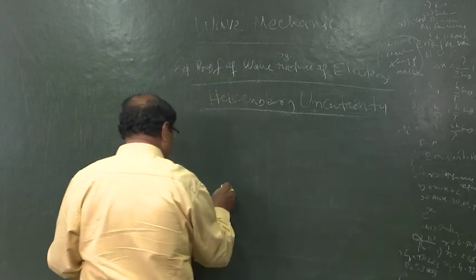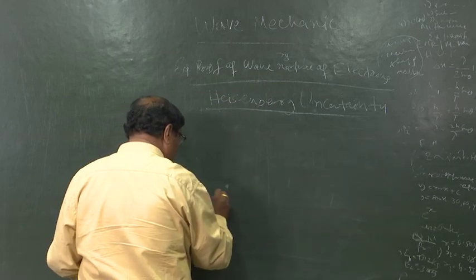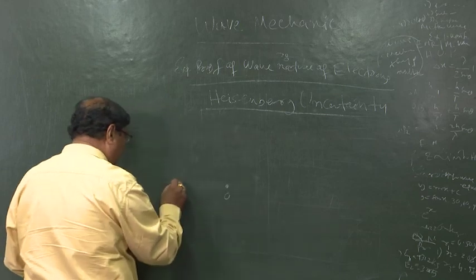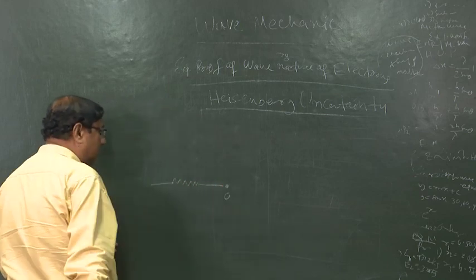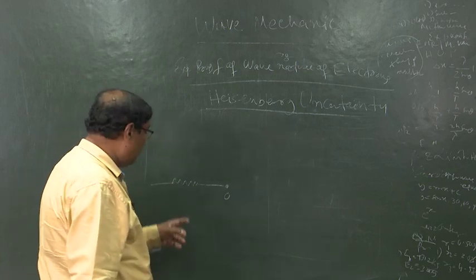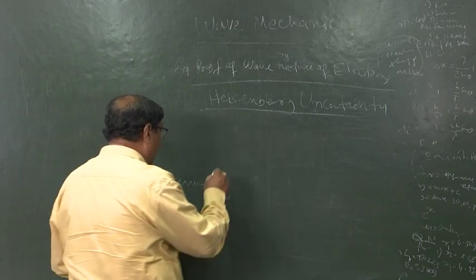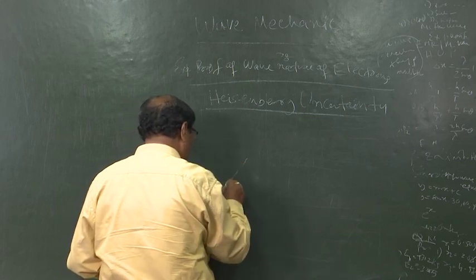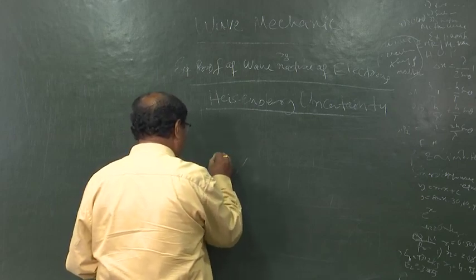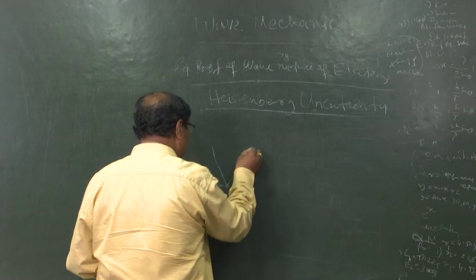Let us see, this is the position of the electron, let it be O. Now, this is the beam of light, that is your beam of radiation. This is the position of the microscope. Suppose this is your lens.